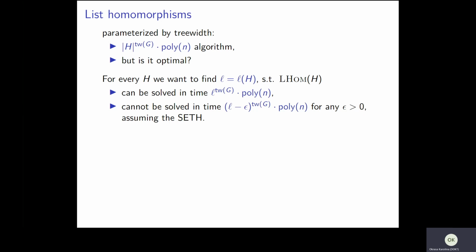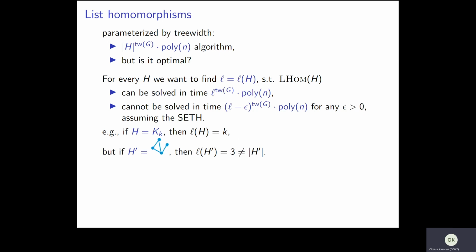For example, as a simple corollary from the SETH-based lower bound for k-coloring, if H is just a k-clique, then we have the list k-coloring problem, and as we saw on the previous slide, there is no k minus epsilon to the tree width algorithm for it. So our L equals k in this case.